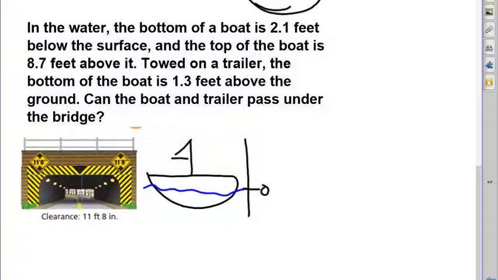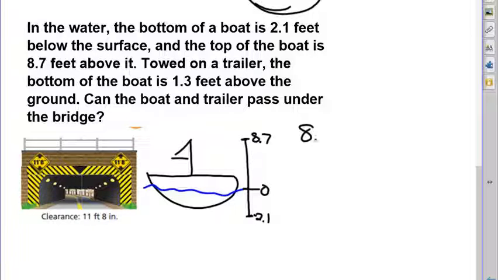We know the bottom of the boat is 2.1 feet below the surface. So this is not just 2.1, but it's below, negative 2.1 feet. And the top of the boat is 8.7 feet above it. And we want to find the difference between the top and the bottom. Guess what operation that word difference leads us to? Subtract.